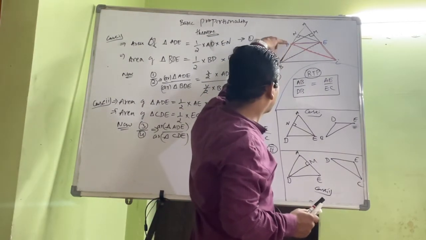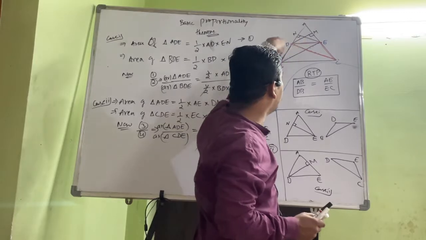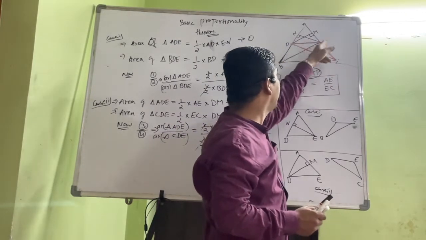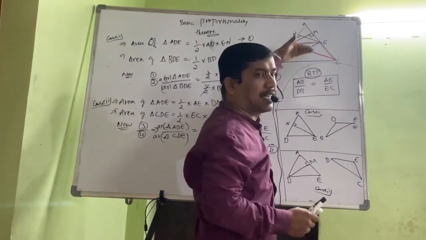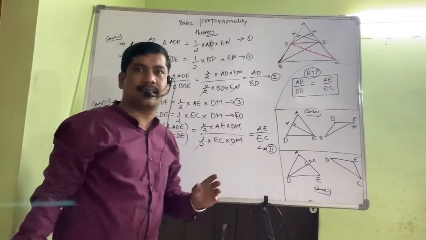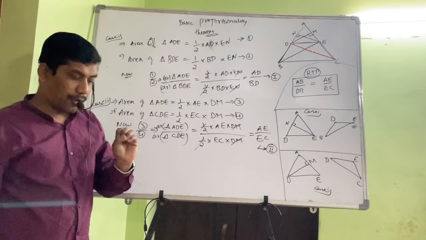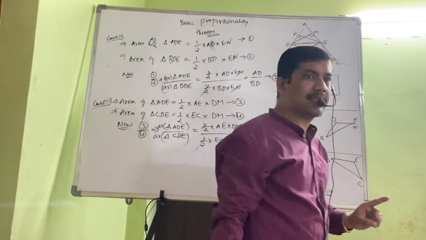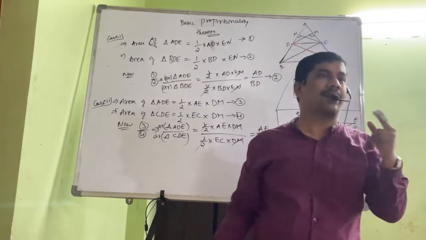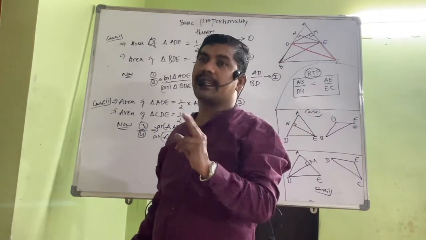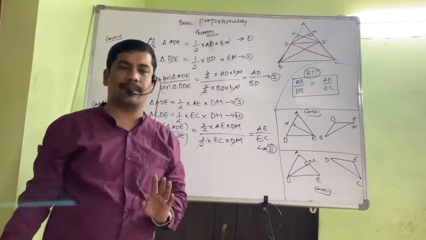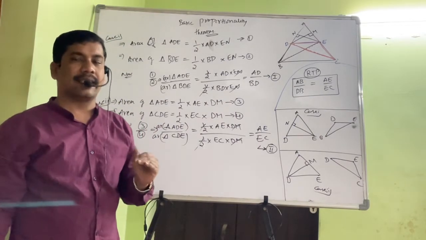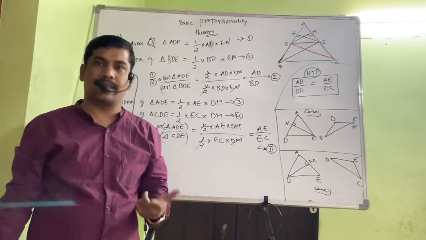For triangle BDE, DE and BC are the parallel lines. For triangle CDE, DE and BC are the parallel lines. Right? So, when two given triangles have the same base and are in between the same parallel lines, then their areas will also remain the same. Getting the idea with this point everyone? Their areas will also remain the same.